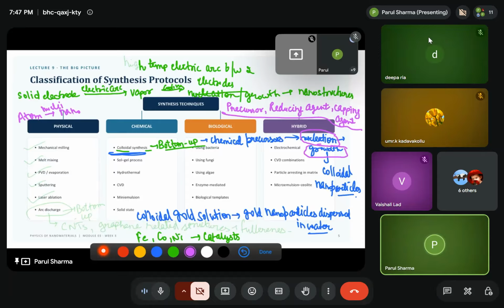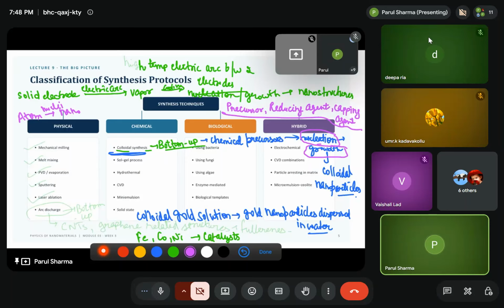So what will be the shape of the nanoparticles? Depending upon the environment and reaction conditions in which we are synthesizing, we get nanospheres, nanorods, nanocubes, or nanocrystals. Why is this happening? Because different crystal facets will grow at different rates. If the growth along one direction is suppressed, then the particle may develop an anisotropic shape.